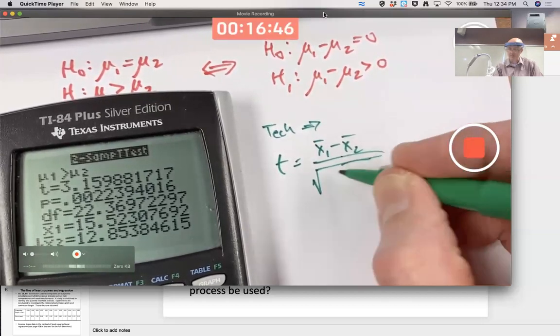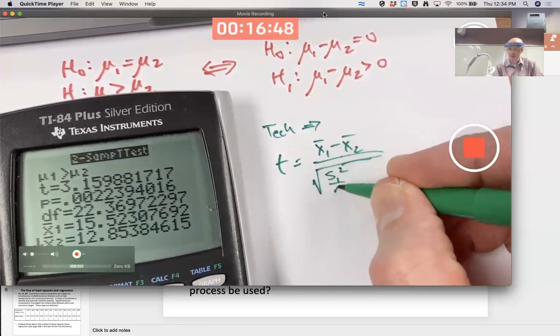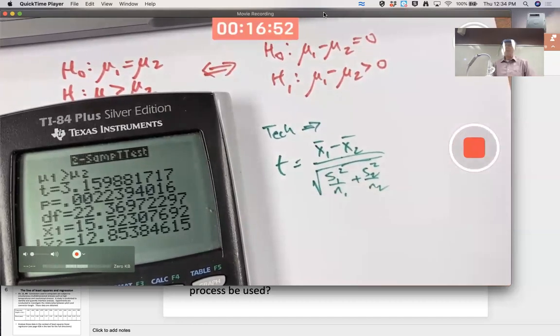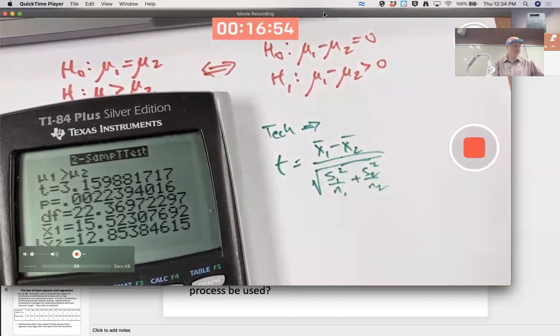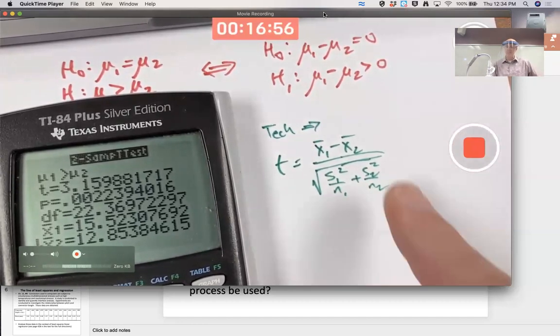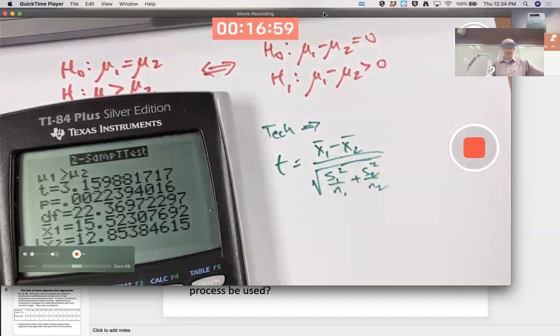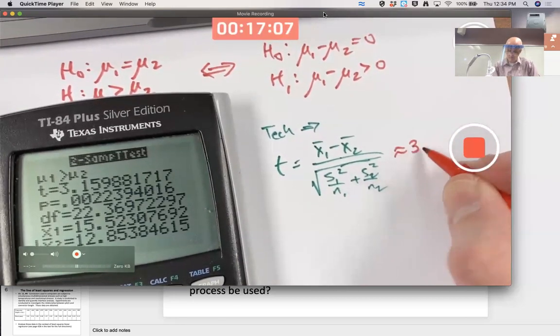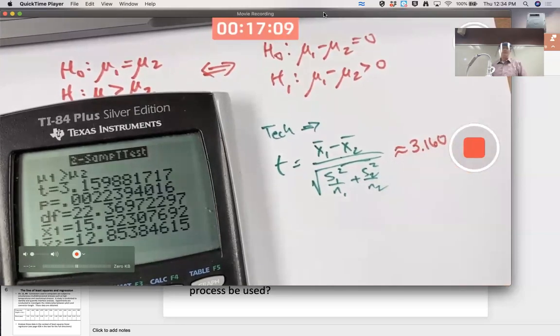I wrote this down before: square root of s1 squared over n1 plus s2 squared over n2. I won't take the time to do it, but it might be worth checking that when you plug in the numbers. It's a little bit of a pain, but you could do it in about a minute or two. You should get about 3.160, to 3 decimal places, for this t statistic.